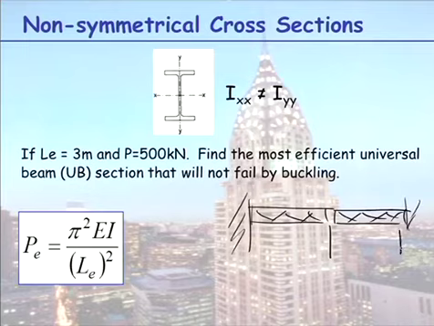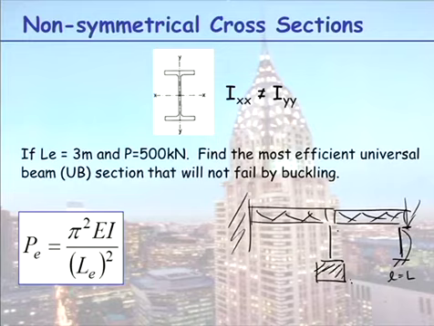So what I'm saying is when you put a column in here, we can tie it into the building and assume this buckle length here is equal to L. Now at this point here, the top of that column, is there anything holding it horizontally in place? No. So for this column here, you would have to build in a proper foundation in here. That's not part of your design. But you would design this as fixed and free.